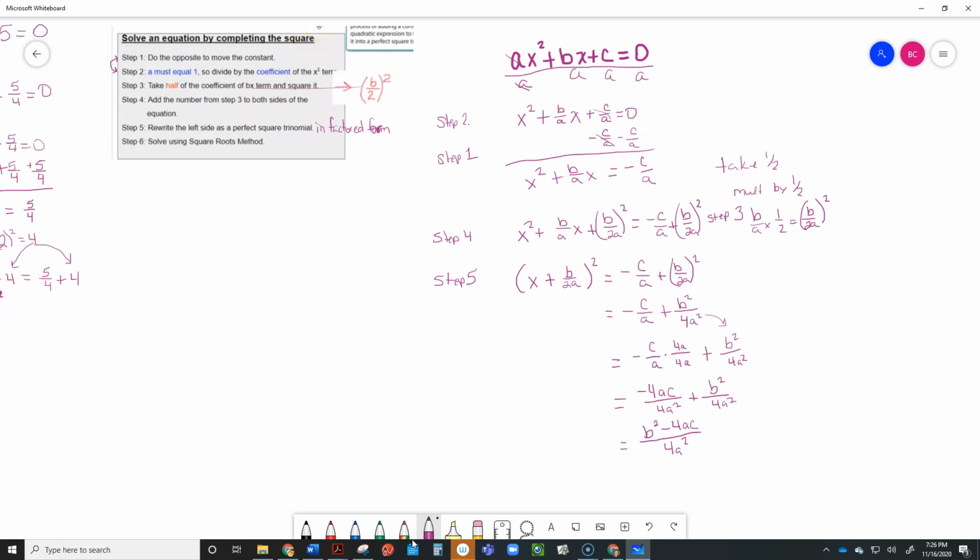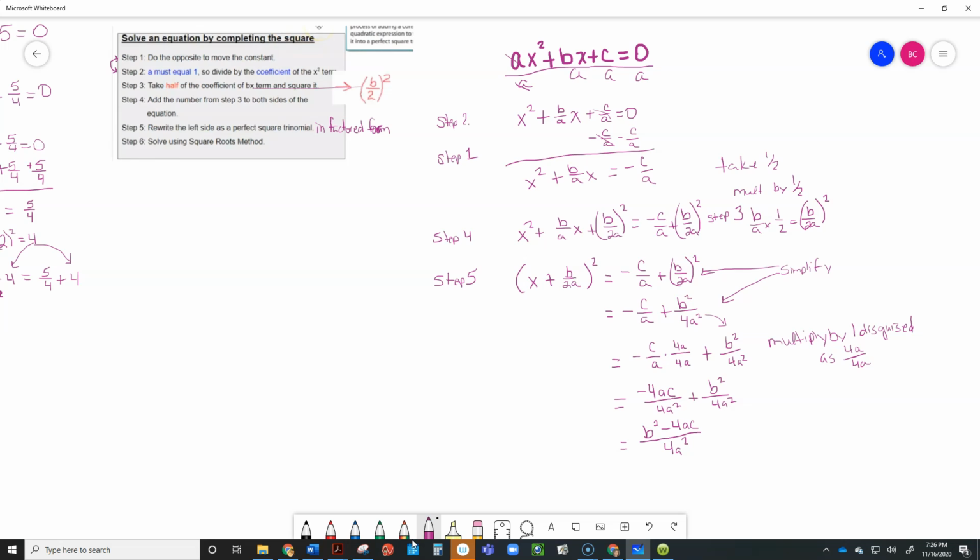So what I did was I got a common denominator. First of all, I squared that. So we simplify from here to here. Okay. Then I got a common denominator. Multiply by 1, disguised as 4a over 4a.